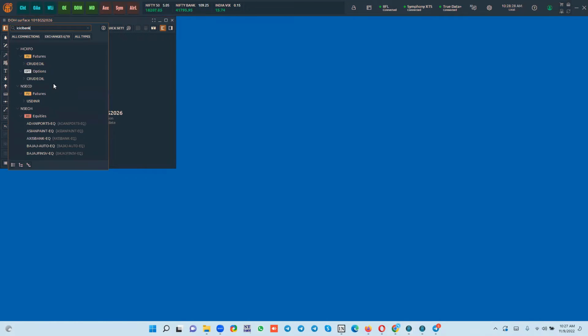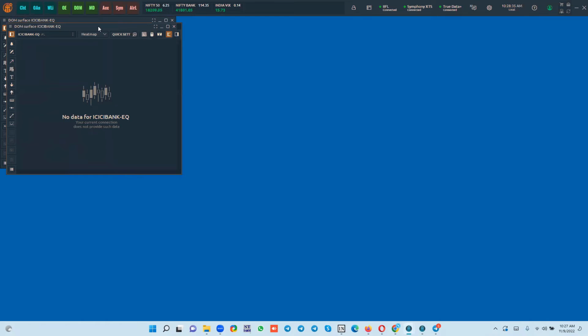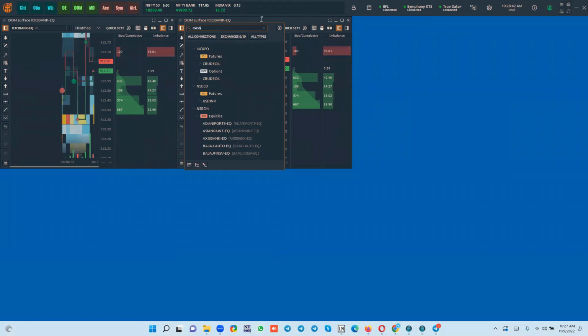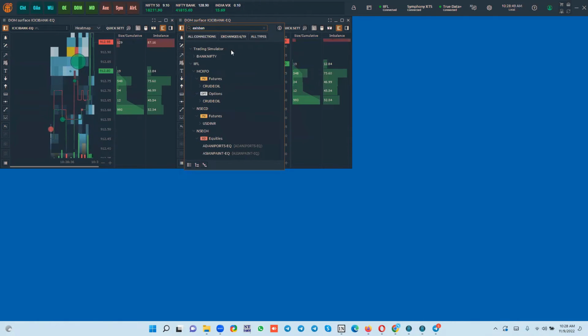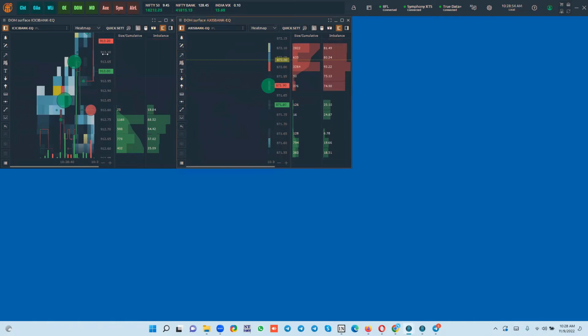You can add, let's look at, say, probably ICICI Bank. Duplicate this. You can have it for Axis Bank. So now you have the dome surface for both these symbols.